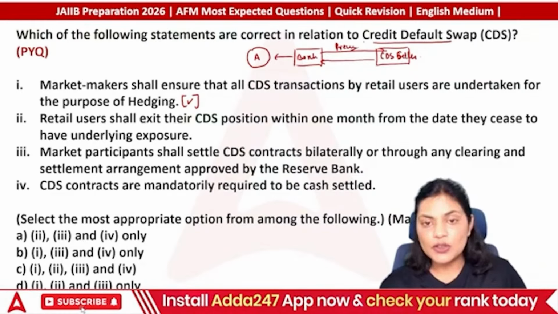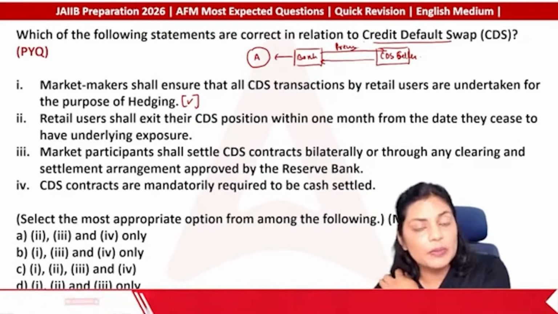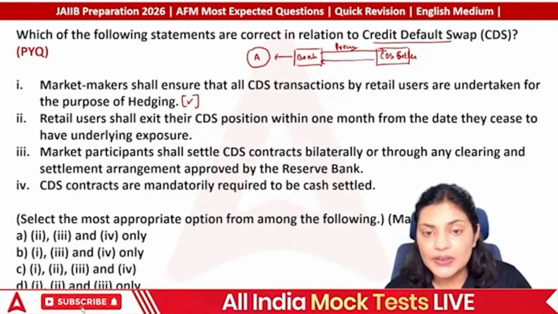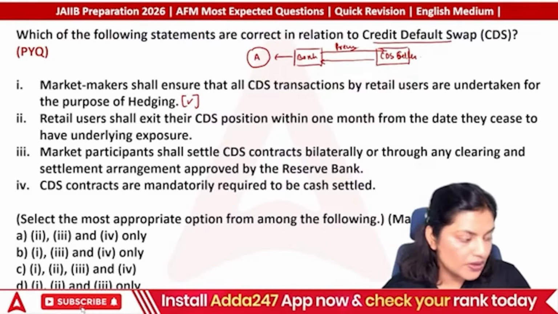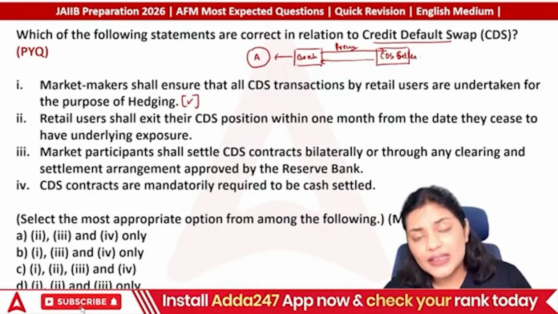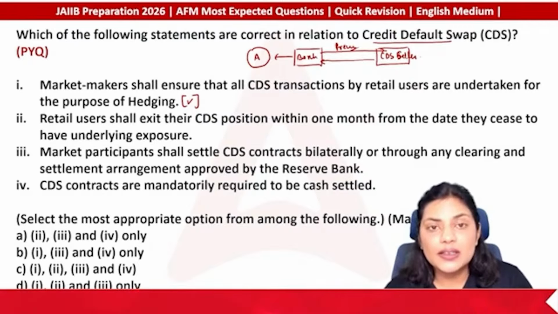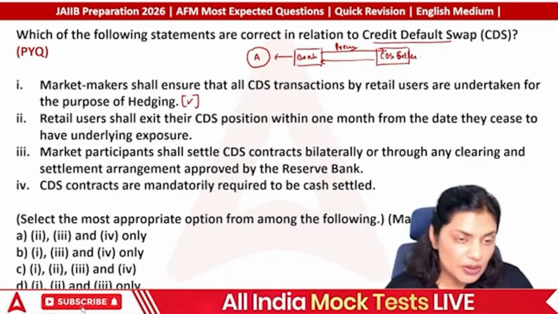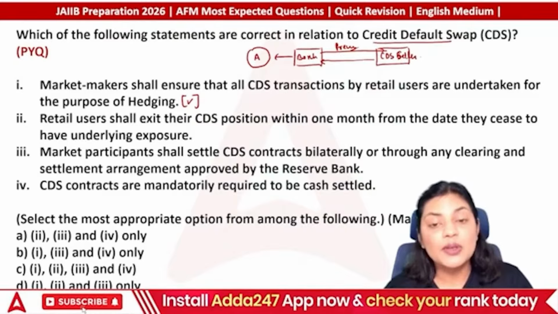Now, the benefit of CDS would be that on the due date, if Mr. A does not turn up with the amount of loan or does not repay it, then in that situation, the loss will be borne by the CDS seller. That amount would be paid by him to the bank, and the bank will not be at a loss, because the bank was paying a premium to cover the risk.